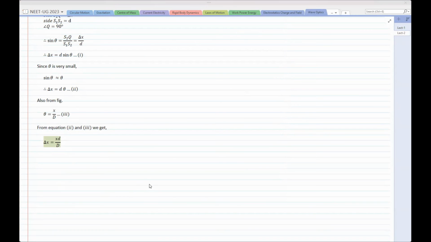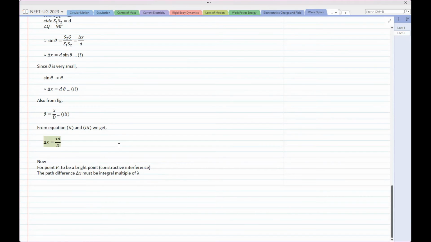Now, let's check if point P is bright or dark. So now, for P to be bright point, there must be constructive interference taking place at that point. Now, constructive interference takes place when path difference delta X is integral multiple of lambda. And we know this. If delta X is integral multiple of lambda, we have studied the conditions, then only it will be constructive interference.